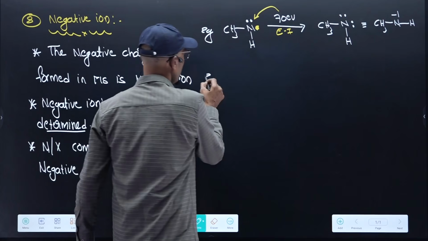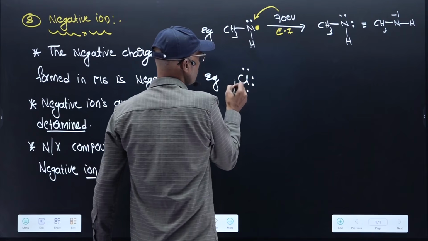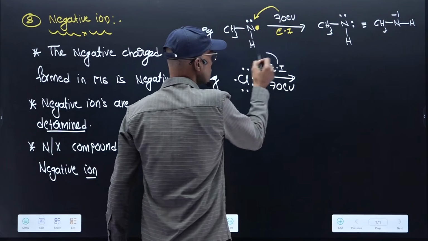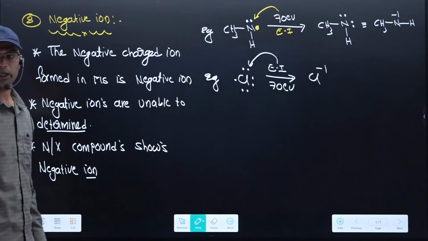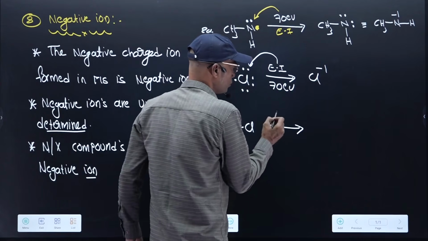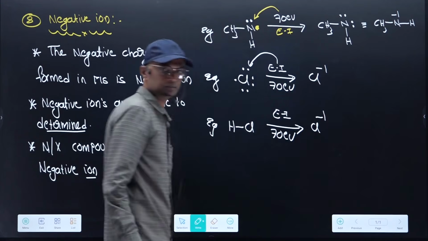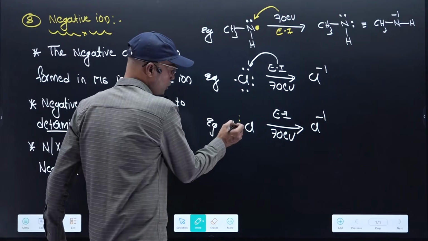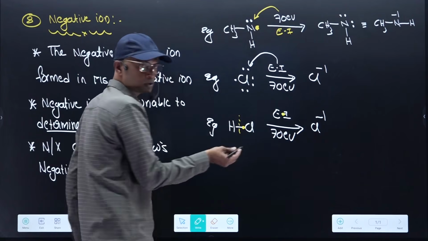So even if you take any halogen, suppose I take chlorine, having 7 electrons in its valence shell. With electron impact at 70 electron volts, it will take 1 electron and form a negative ion. Sometimes, see, HCl, hydrochloric acid. Now with electron impact at 70 electron volts, it will give directly Cl minus. It will break this bond. Chlorine carries 1 electron. That 1 electron will take 1 more electron from the electron impact and convert into a negative ion.